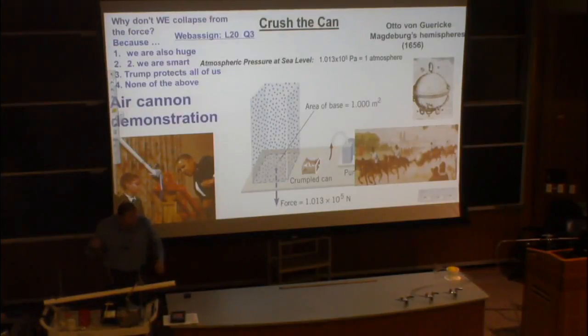Well, and my favorite experiment, which works 2 times out of 3 because of many different issues. Friction might be involved, something else. This is what we call the air cannon.